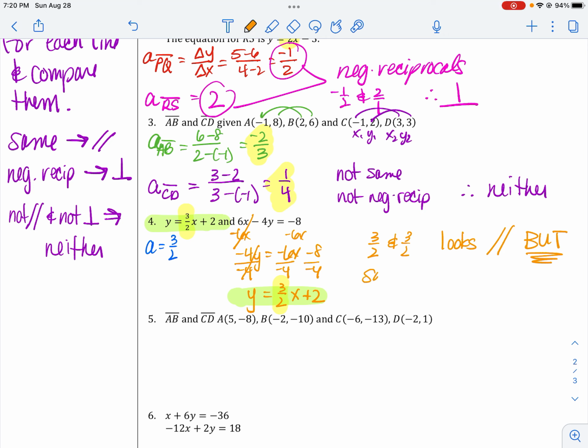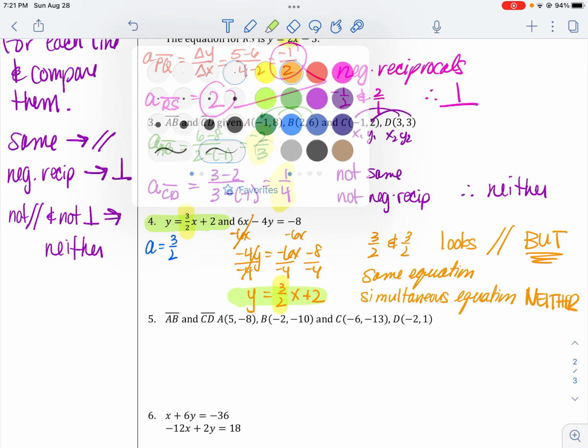These are the same equation. We call these simultaneous equations. Since they have the same slope, the same equation, remember parallel is two lines that never intersect. If it's the same line, they intersect at every point because they're laid on top of each other. So this is neither.